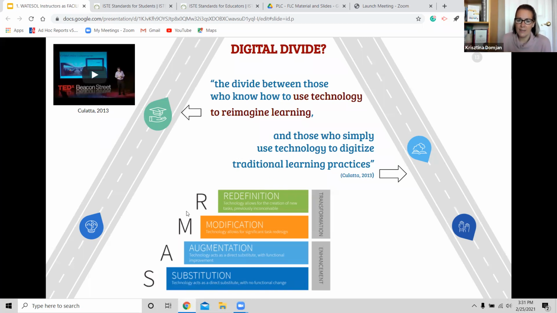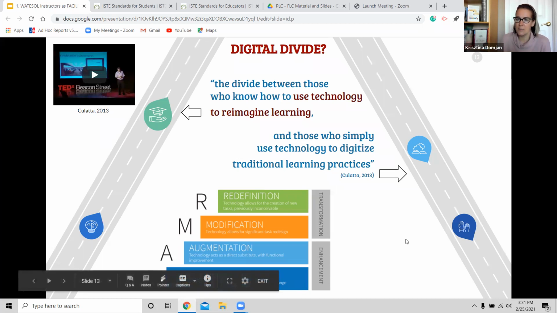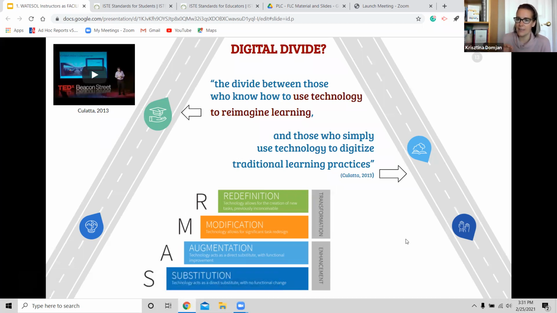If you take a look at this image right here, it simply highlights the fact that if you're using technology only for substitution or augmentation, there's probably more to do. There's more to think about. And you know that you are lessening that divide if you're using technology to modify your teaching or to redefine your teaching. It's the reimagine learning part.